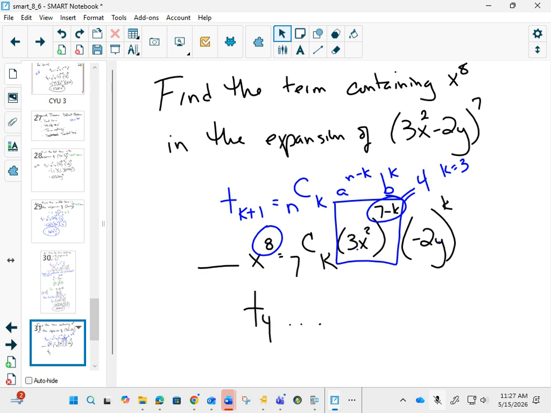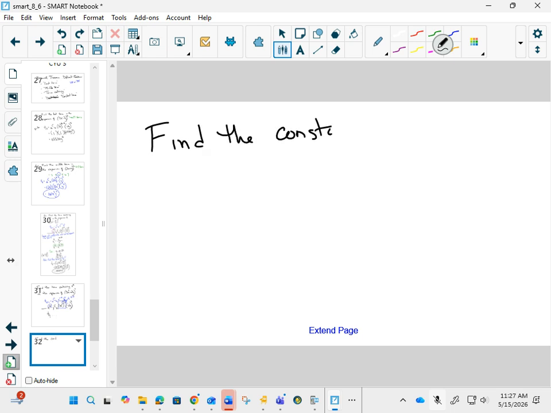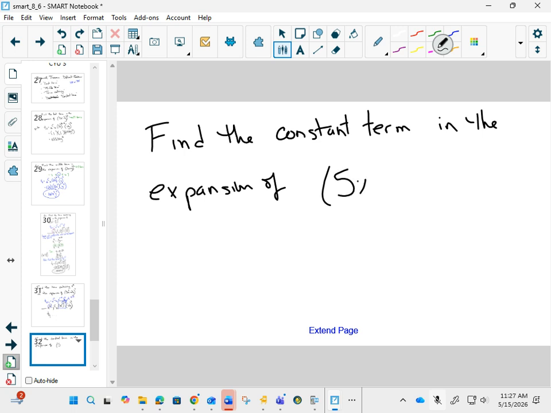And I find that the hardest questions for students are these ones that say, find the constant term in the expansion of (5x³ − 2/x)¹².